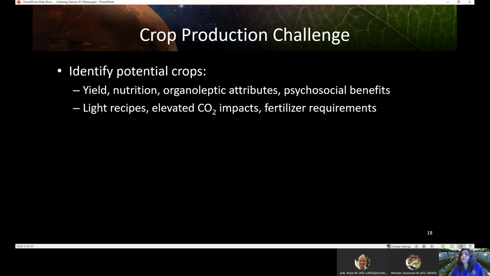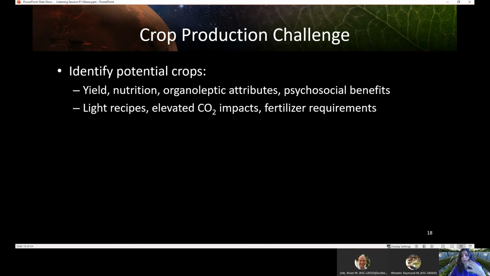For crop production, we have a lot of work going on identifying potential candidate crops that will do very well in our environment. And when I say do very well, I'm looking at things not just yield. Yield is very important, but also the nutrient quality of the crops, the organoleptic attributes. How does that crop taste? And maybe psychosocial benefits.